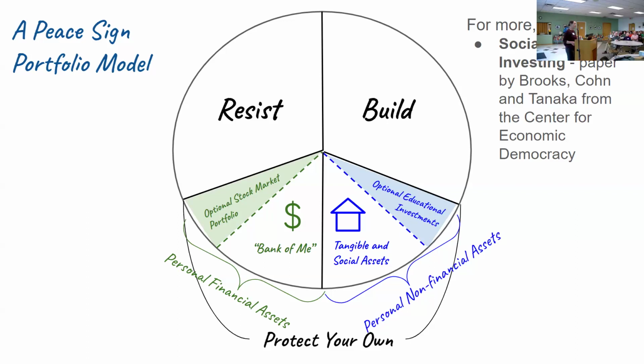But I really like this idea, at least for myself, of thinking about, to the extent that I want to be investing in true systems change for the future. To me, it feels good to think about having a balance in my life of investing on the resist side, investing on resisting the things that we need to change about the system today, and have parts of my life and my resources that I'm investing in the build side, like building the new of what we want to see tomorrow.